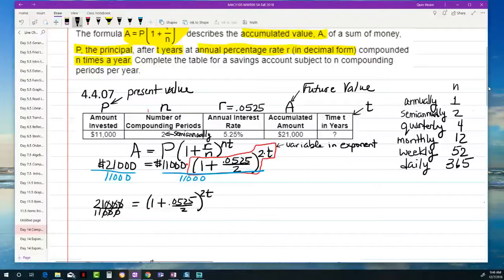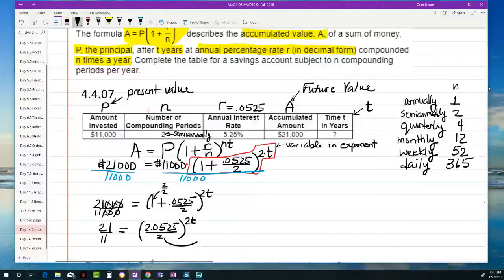I like to actually add these together because it's really easy to do. So in this case, all you would do is get a common denominator of 2. So you write the 1 as 2 over 2 and add that together. So you'd have 21 over 11 equals, and then it's just going to be 2.0525 over 2 to the 2t.